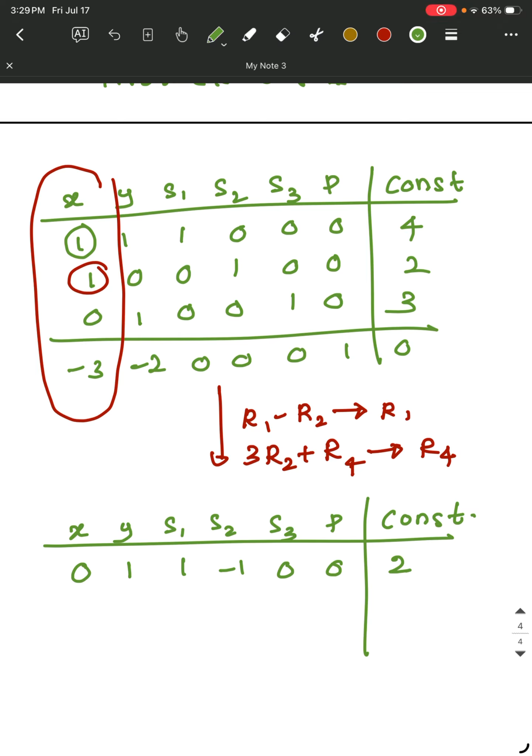Then the second row remains unchanged: 1, 0, 0, 1, 0, 0, 2. The third row also remains unchanged because the first element in the third row is already 0.